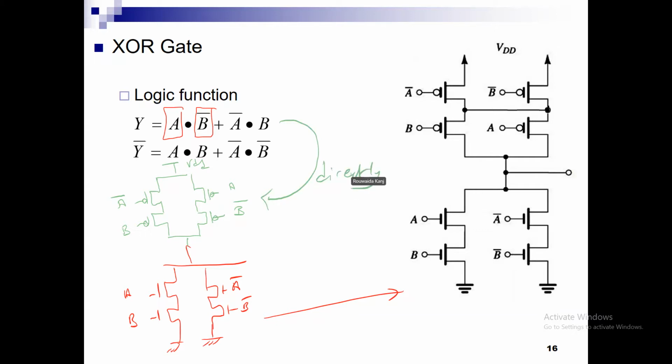But you don't have to go through this. What we will take out from the course is that we will always draw the pull-down and then build the dual to draw the pull-up, with no change in input labeling.